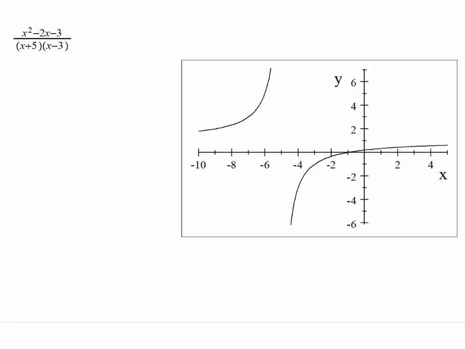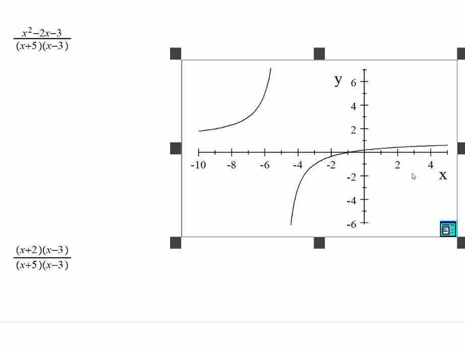When I was factoring, I did not notice that the numerator factors as (x + 1) and (x − 3). Of course x − 3 is a factor in the denominator, which makes the function undefined at 3. But at the same time, x − 3 is a factor in the numerator as well.